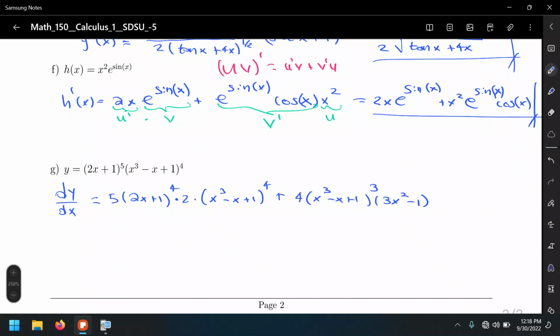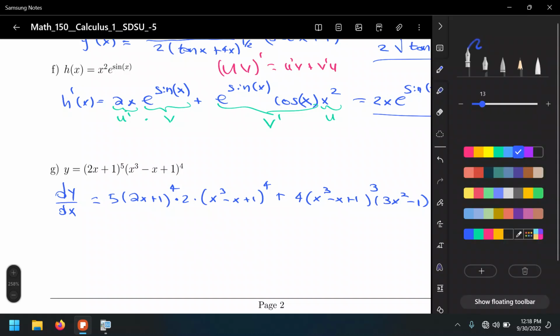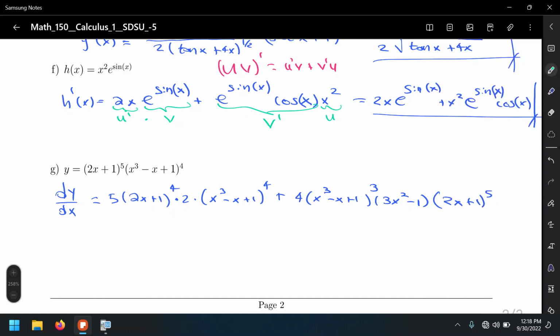But that's only the v prime. We still need to multiply by u, which in this case is 2x plus 1 to the 5th. And again, let me label it so you can see the product rule in action again. So this is u prime v plus v prime u. Are you guys following me here? Is everything making sense?